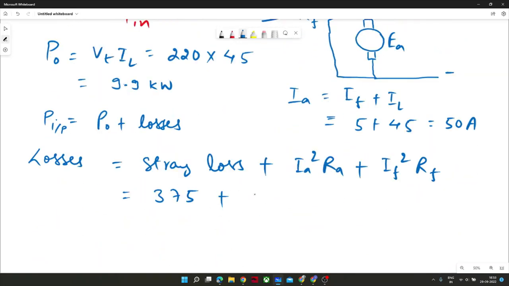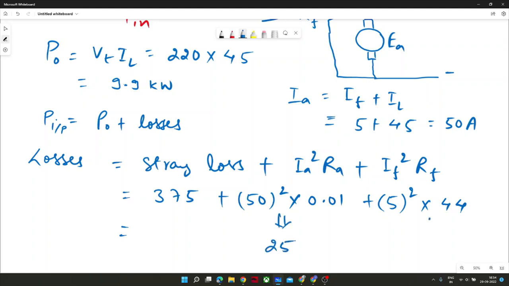And here IA would be 50 square into RA, which was 0.01 ohm, plus IF, which was 5 square into RF, 44. So if we add all the losses, since no iron losses or mechanical losses were given, we will ignore that. I will add 50 square into 0.01, it would come out to be 25, and 5 square into 44, that is 1100.